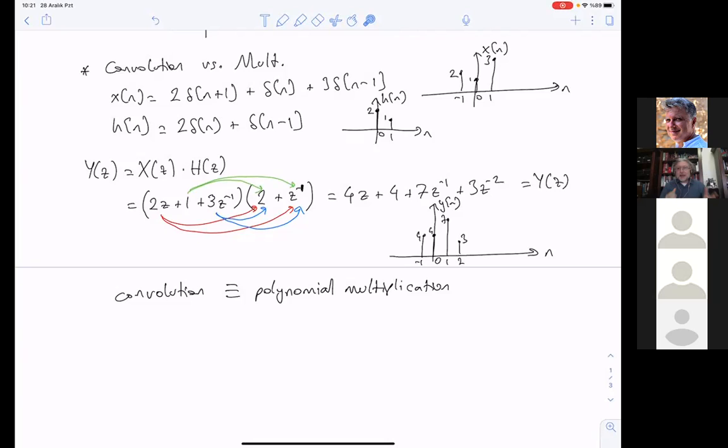The polynomial is the Z transform, and it is just the same as the representation itself. The Z transform is the signal itself. If you look at the Z transform, you see the signal. Unlike the Laplace transform or the Fourier transform, where when you look at it, you don't really see the signal, but you can of course guess what the signal is by taking the inverse Fourier transform or the inverse Laplace transform.